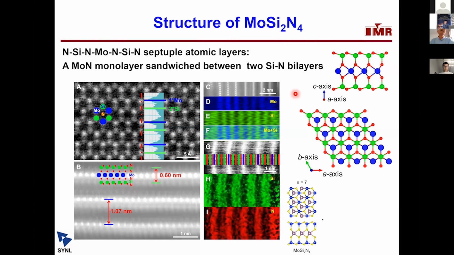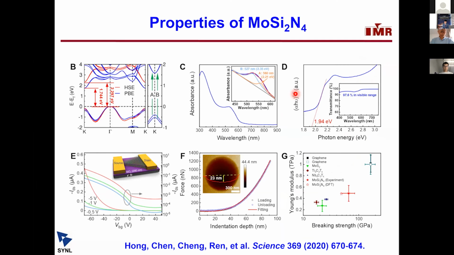And we also found this material has very nice properties, which shows semiconductivity, and also a very high Young's modulus, in between graphene and other 2D materials like molybdenum disulfide. This is our material.